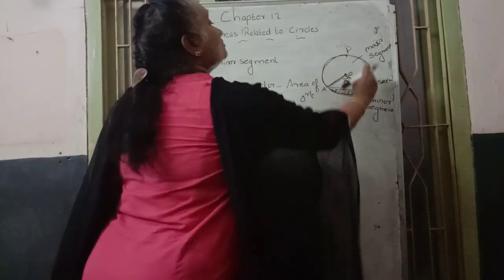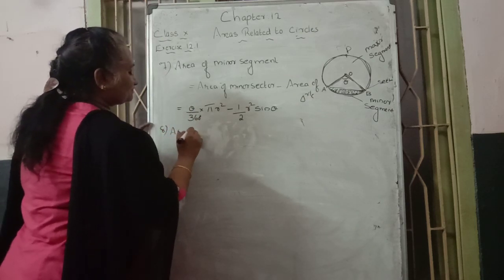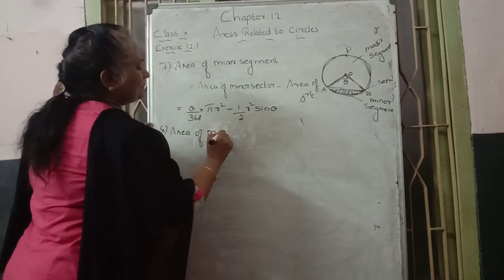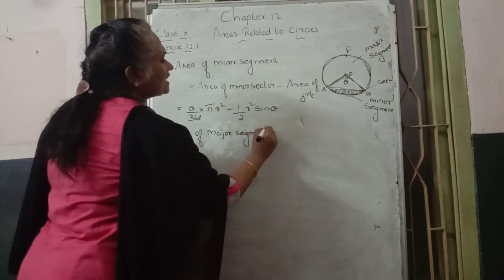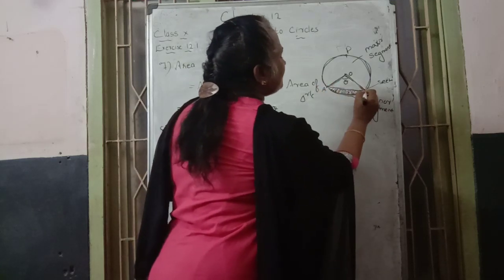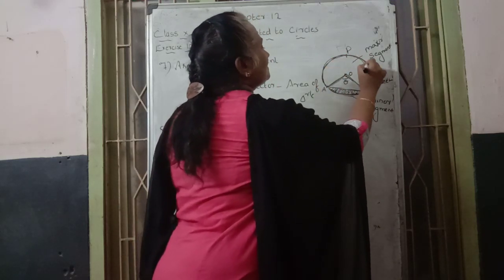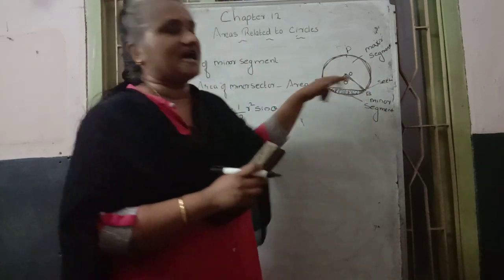Suppose we want this big part's area, that means the major segment. Next, the eighth formula: the area of a major segment we want to find out. How to find the area of a major segment? Major segment means here AB is the chord, APB is our segment arc place.